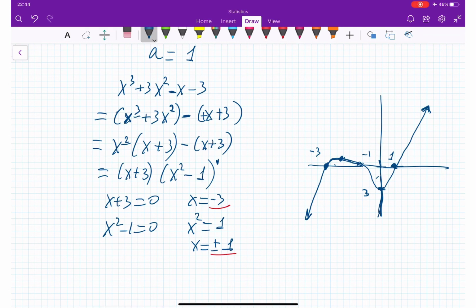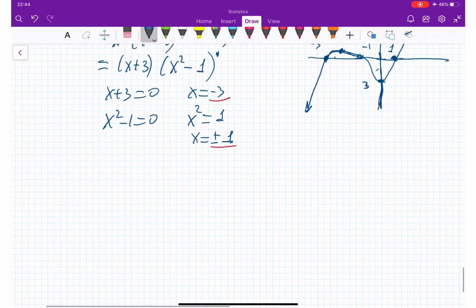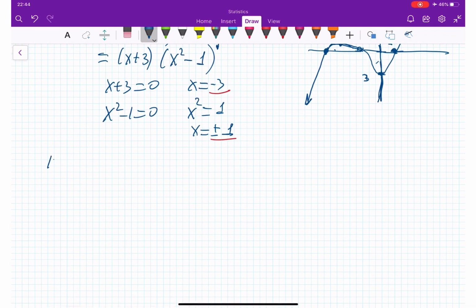Moving to question number 13. So, f of x is equal to x cubed minus 10x squared minus 375x.